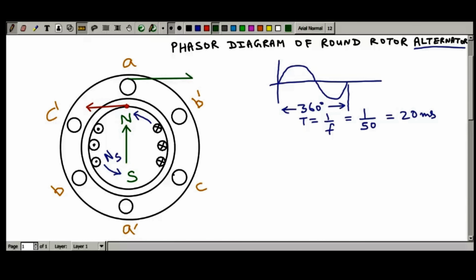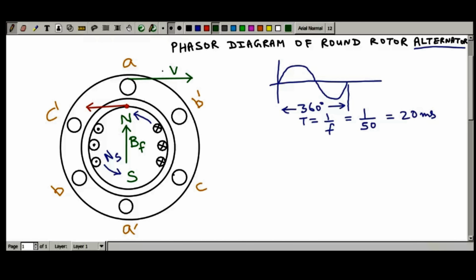If you apply Fleming's right hand rule, the index finger of the right hand will point upwards, from south to north, that means the direction of the magnetic flux density. Let me write this as BF. F stands for the field winding, magnetic flux density created by the field winding, and velocity is in this direction.